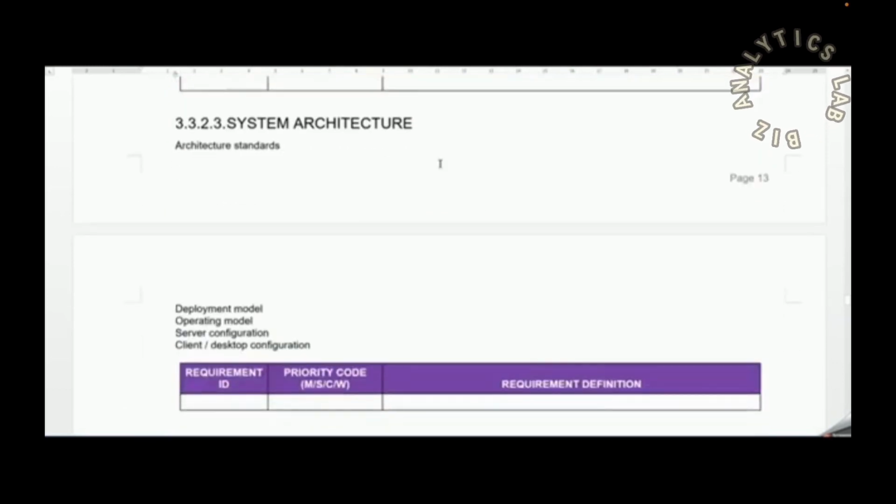System architecture only really involves you if you are working with systems like myself: server configuration, deployment model, things like that. It's only applicable if you are working on systems.